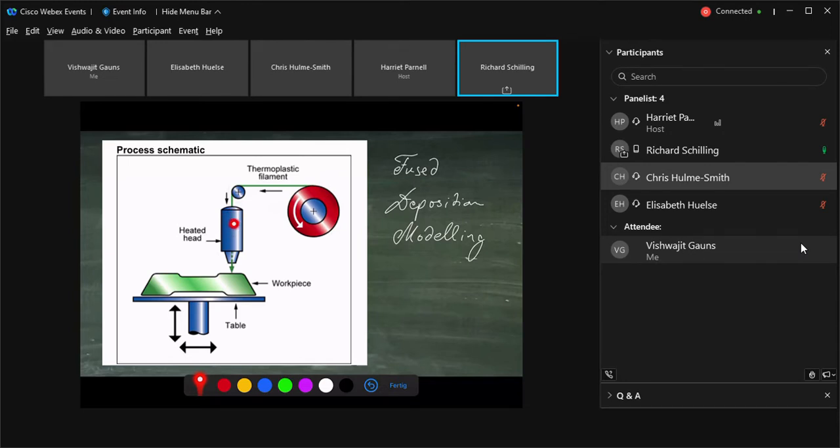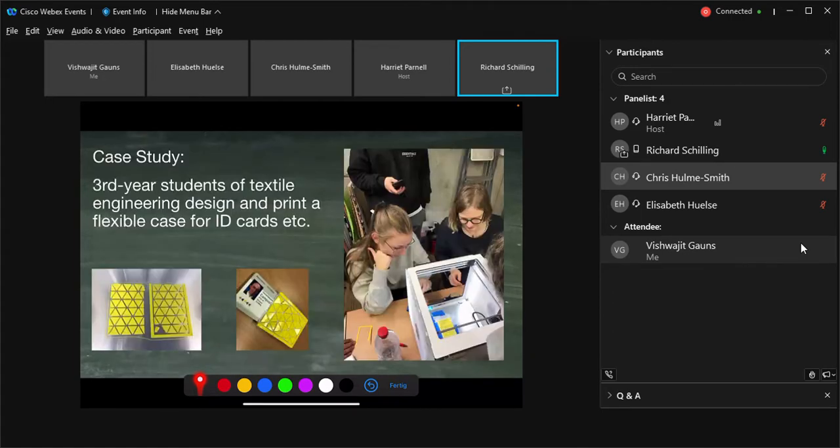It's heated up to a temperature above the melting temperature, and then it's pushed by the filament itself. The melt is being pushed through a nozzle onto a platform, and then layer by layer by layer is printed, so to speak, or extruded on this platform. So that's what people work with, and here they are.